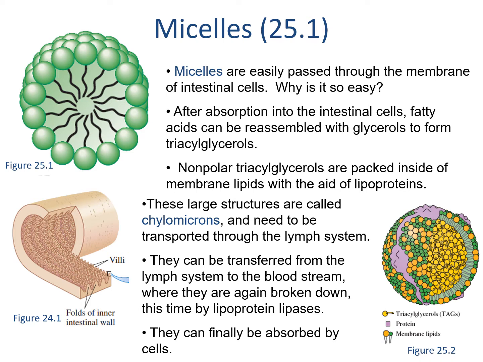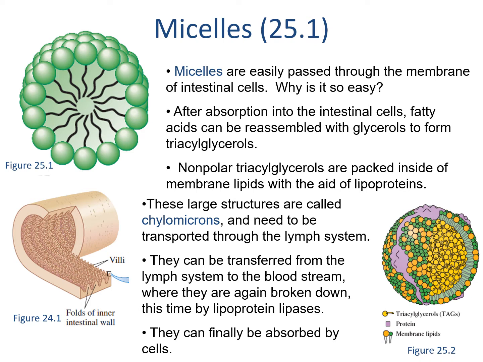They can be pulled into the cytosol and then packed up inside of those intestinal cells by reassembling into triacylglycerols and then packing them inside of lipoproteins and membrane lipids, essentially creating a big soluble cell-like structure containing the triacylglycerols. These are called chylomicrons. These chylomicrons are exported from the intestinal cells into the lymph system.